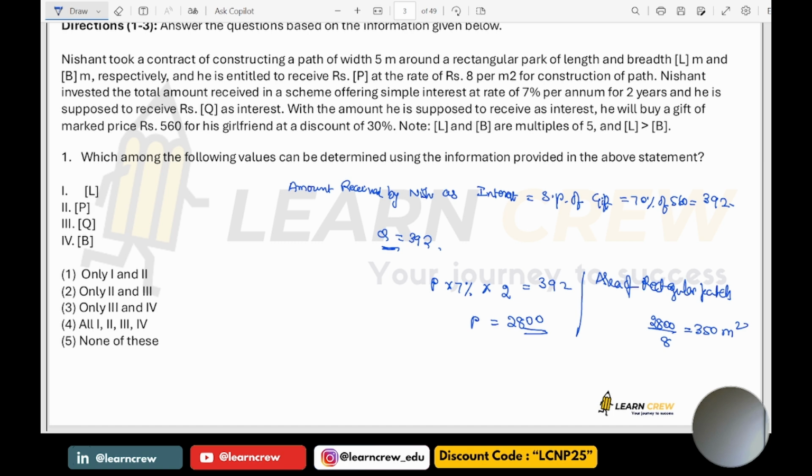Now what do you mean by the path area? The path area would be outer area minus inner area.